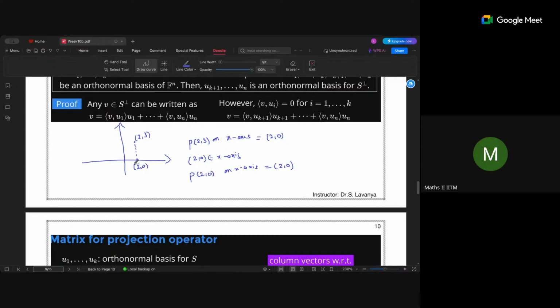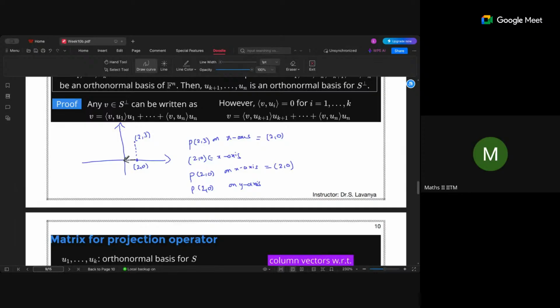Now what is the projection of (2, 0) on the y-axis? This is your y-axis.